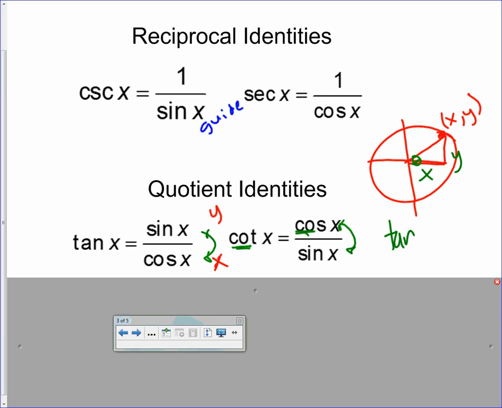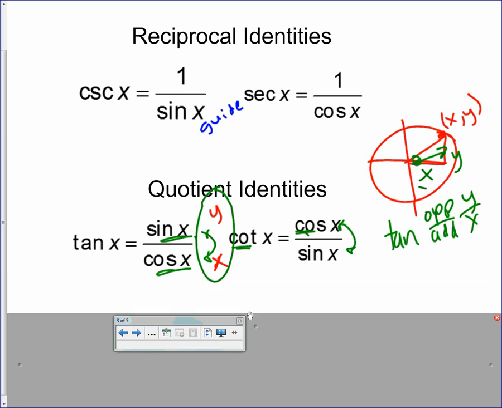Remember from geometry that tangent is opposite over adjacent, and opposite is y, adjacent is x, so y over x. And again, for my unit circle, all of the y coordinates are sine values, and all the x coordinates are cosine values. So that basic geometry can help you remember the tangent quotient identity.